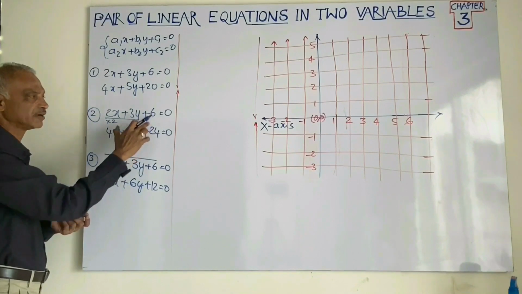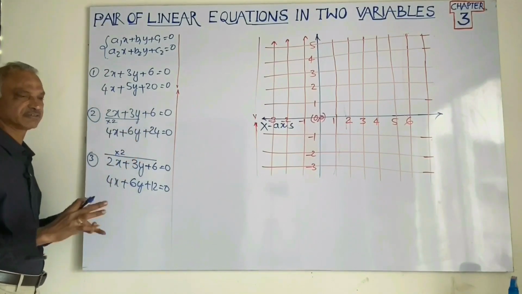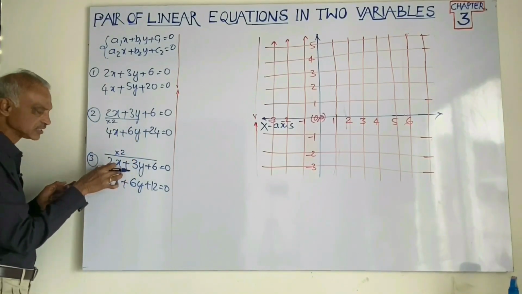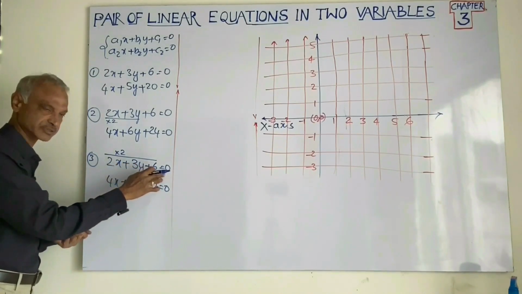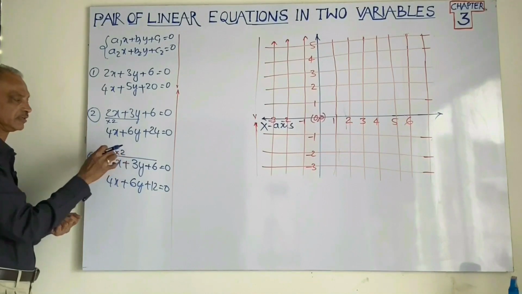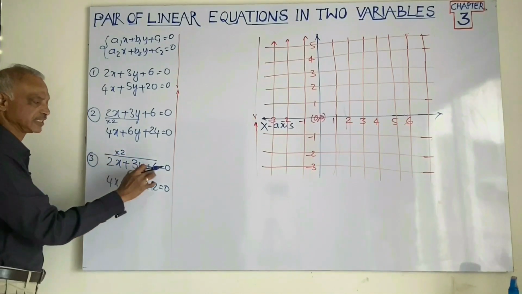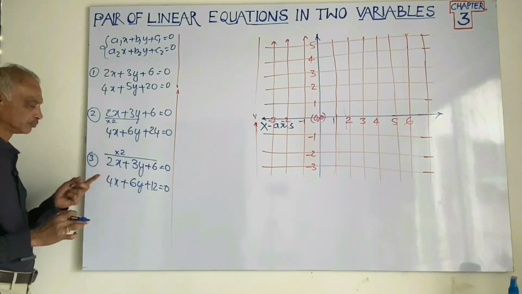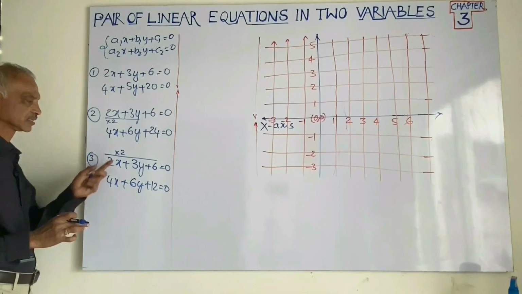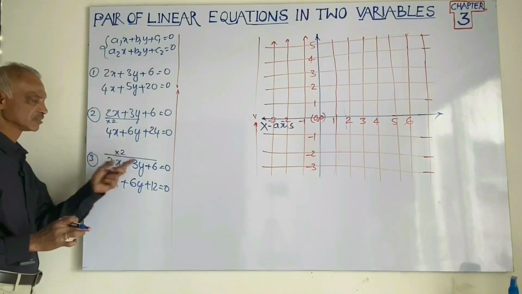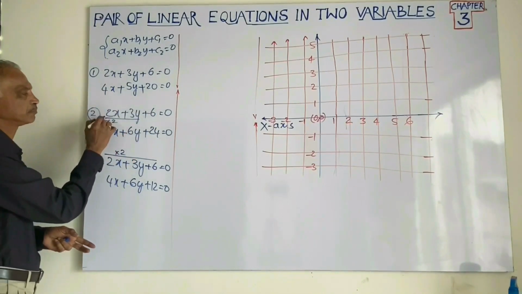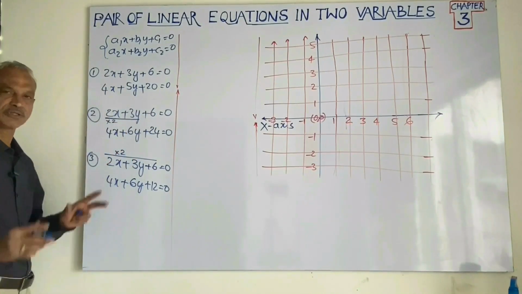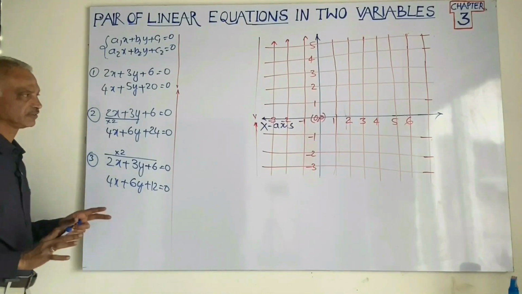In the earlier one I have taken 24, a different one. But in this example, I multiplied this equation with 2: 2 2s are 4x plus 6y plus 6 2s are 12. Only I multiplied 2x plus 3y. You remember that one. You can understand very easily.